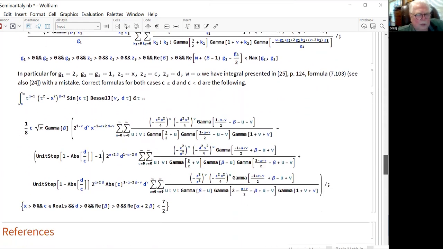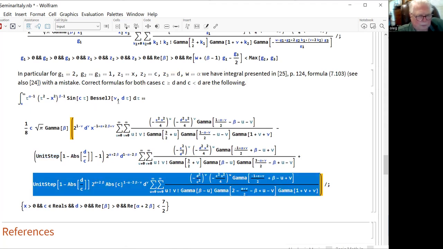Below you see a simpler case for G 1, 2, 3, 1, 1, 3, 2. And again, maybe it is clearer to understand the situation with the unit step here.